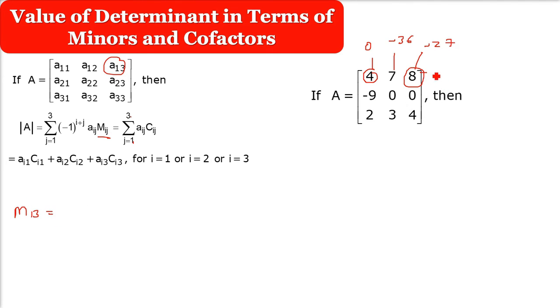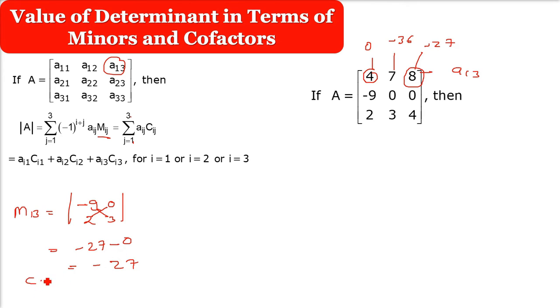Just leave the row and column where this 8 is intersecting and take the other values. So I'm leaving 4, 7, 8 and 8, 0, 4. I'm taking just negative 9, 0, 2 and 3. So this will be negative 9 into 3, that is negative 27, and minus 2 into 0 will be 0. So negative 27. This is how we found the minor.